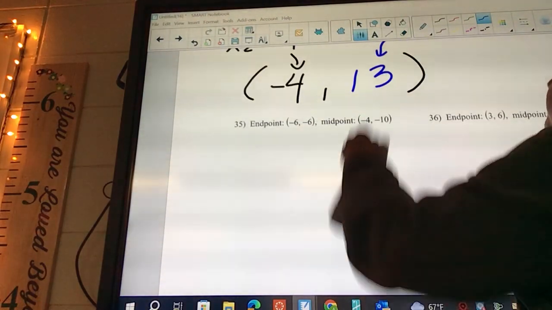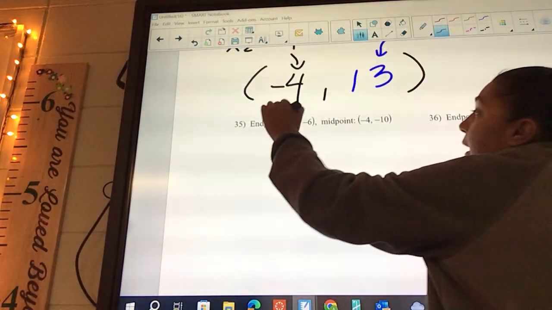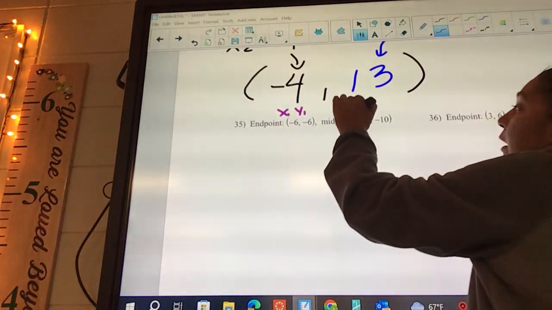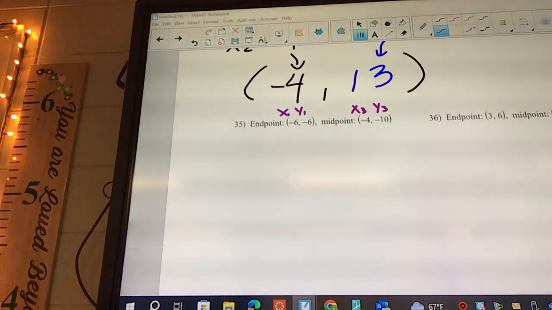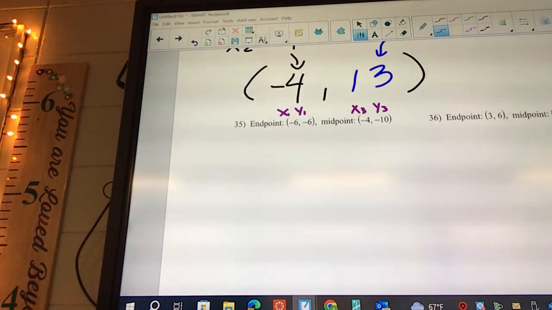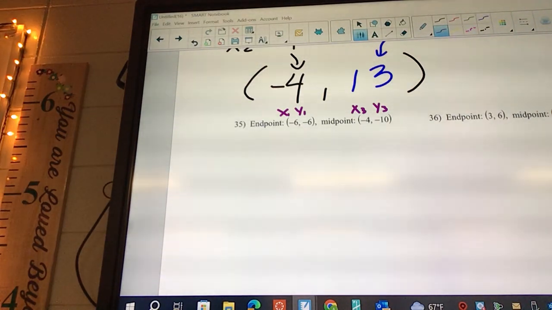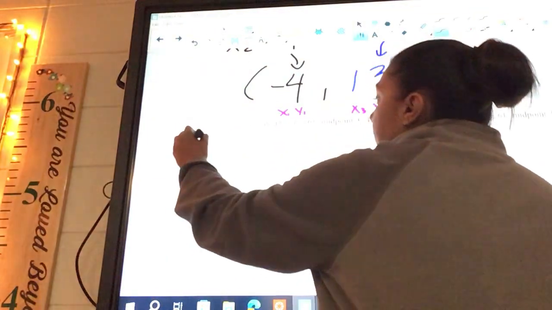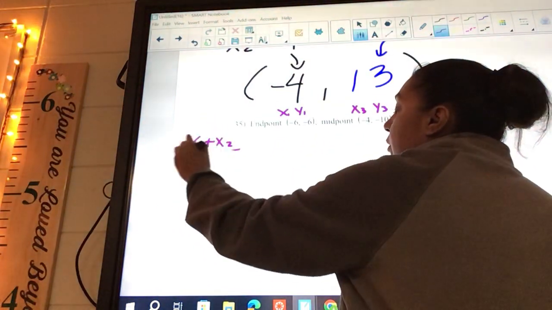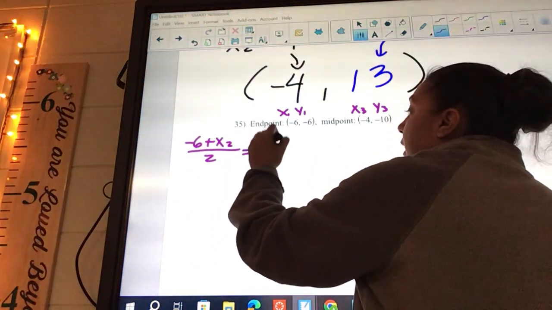We've got 3 left. We're going to say x1, y1, x3, y3. It's going to look like -6 plus x2 over 2 equals -4.